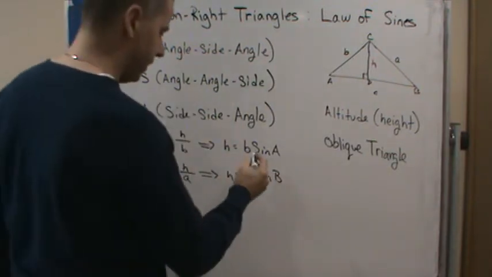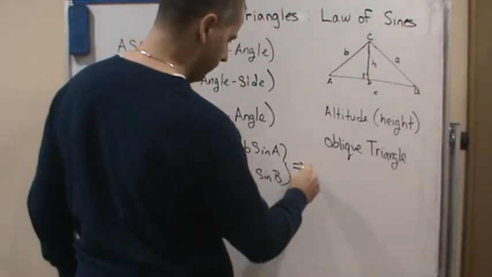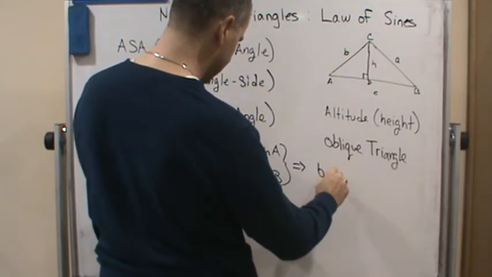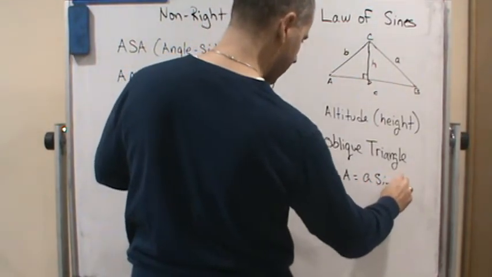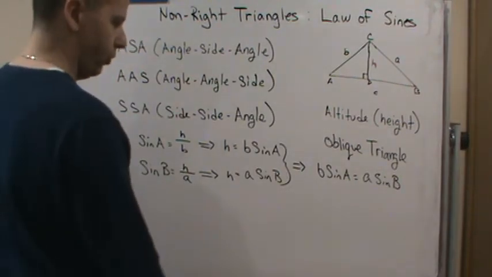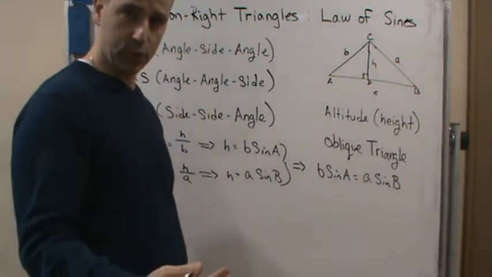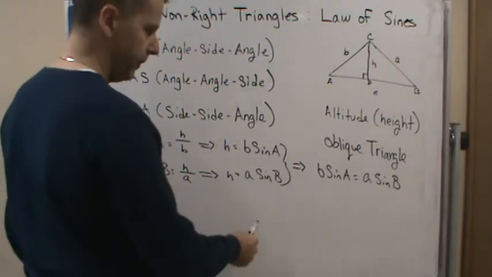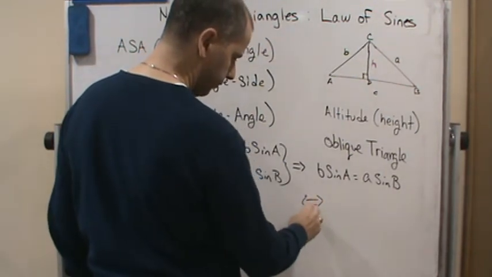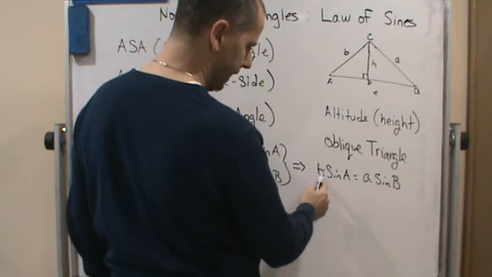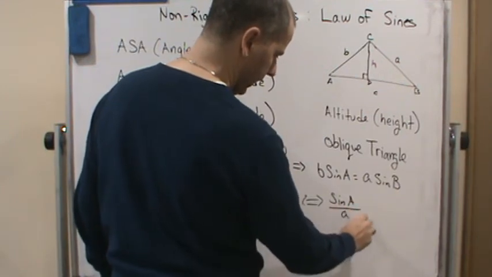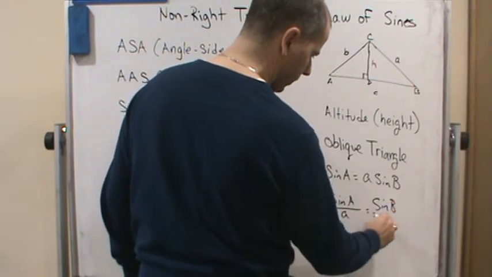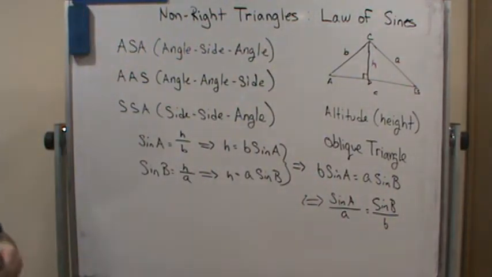So b sine A is equal to a sine B. If you remember a proportion, or an equality of fractions, if we divide both sides by a and by b, we get sine A over a is equal to sine B over b, which is the result we're looking for.